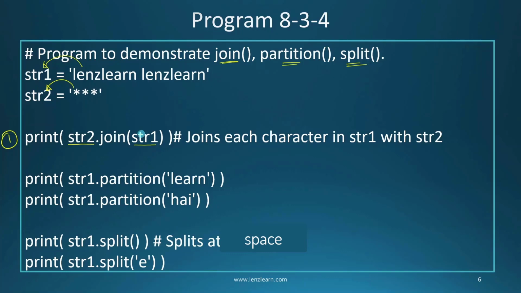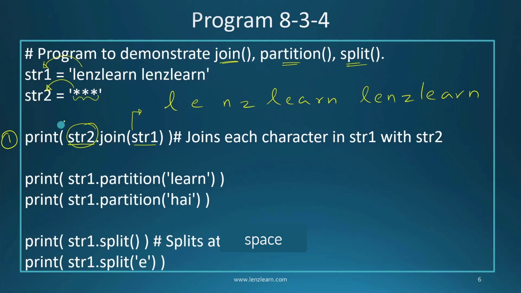Just to understand how the output is generated, I will explain logically how it works. First it will print str1 with some characters in between, so "lens learn", then again "lens learn", like that. And in between each of these characters I will add str2. What is str2?